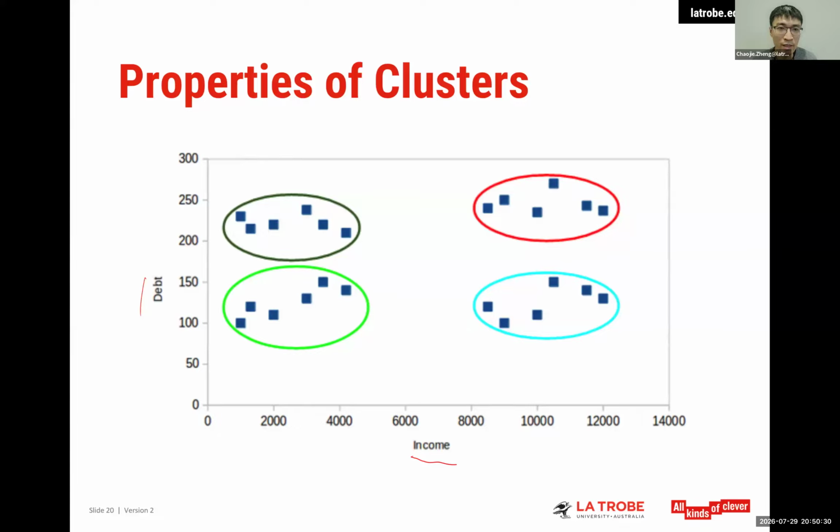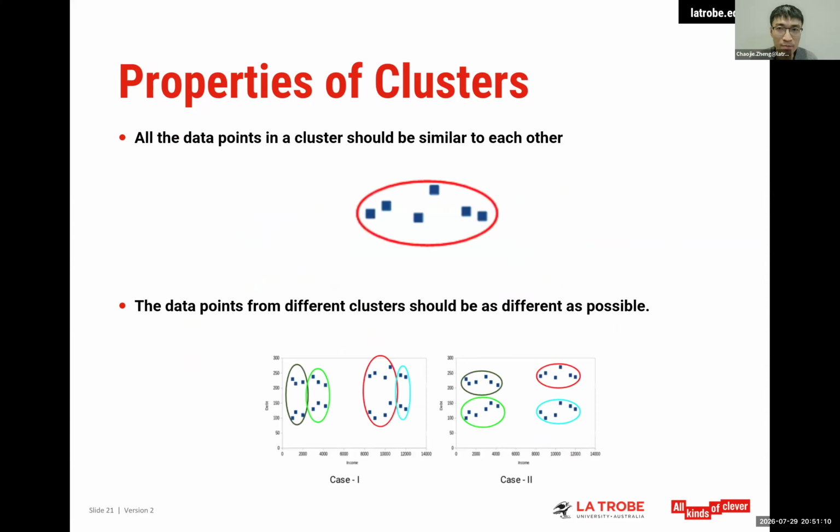What we want is to cluster these data points into several meaningful groups. Based on what criteria is up to the clustering method. The clustering method would find out what criteria to follow to cluster these data points into different groups. We can see that these circled groups are the result of the clustering, and that is what we are expecting from the clustering method.